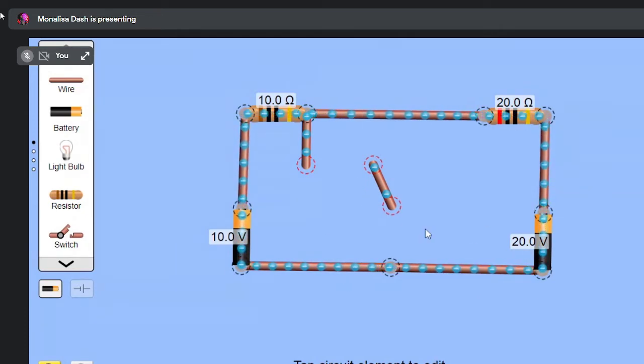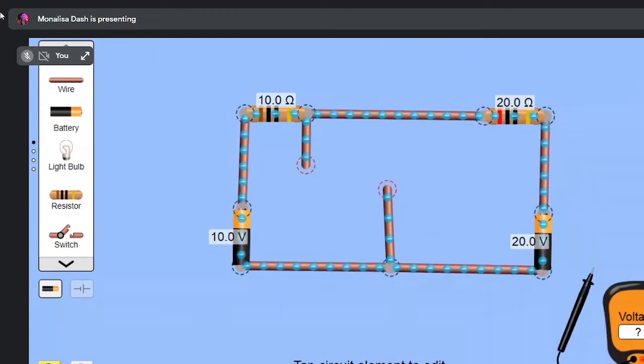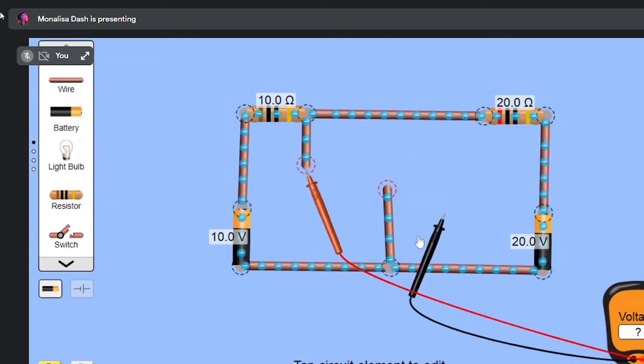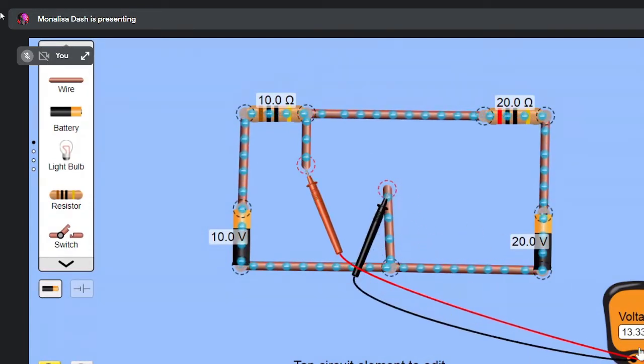There are 4 parts. First part is the complex circuit. Then the second circuit is to determine the VTH. So I am just checking the voltage. So your VTH is coming 13.33. Okay, 13.33.